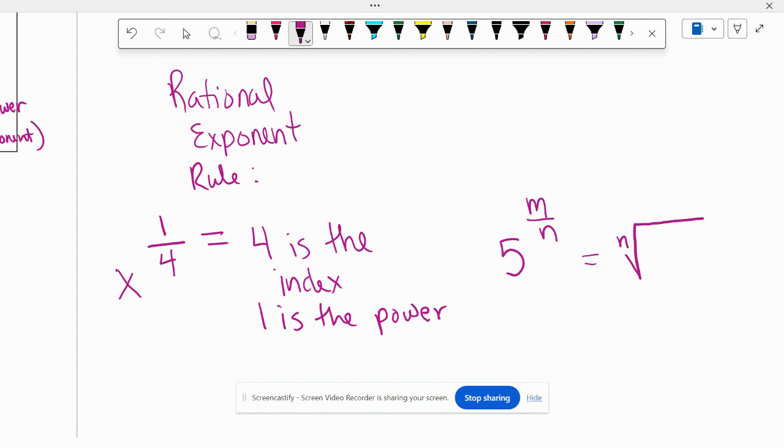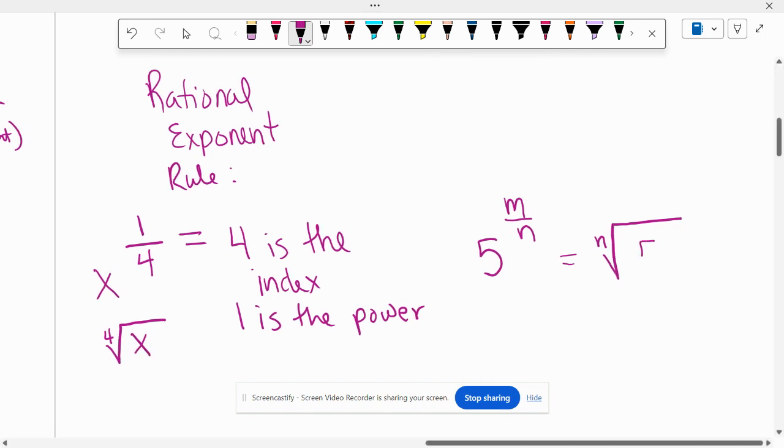So I'm taking the nth root of 5. I heard someone say 4. And I'm taking 5 and raising it to what power? M. Or x to the what power? 1.